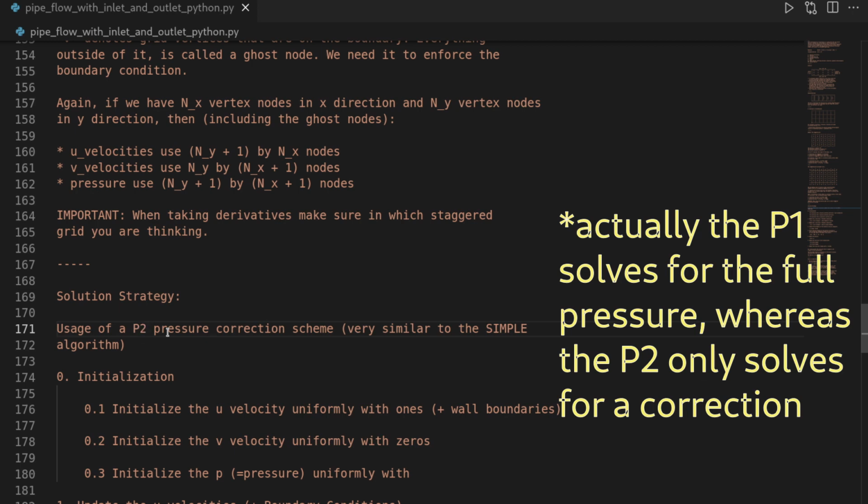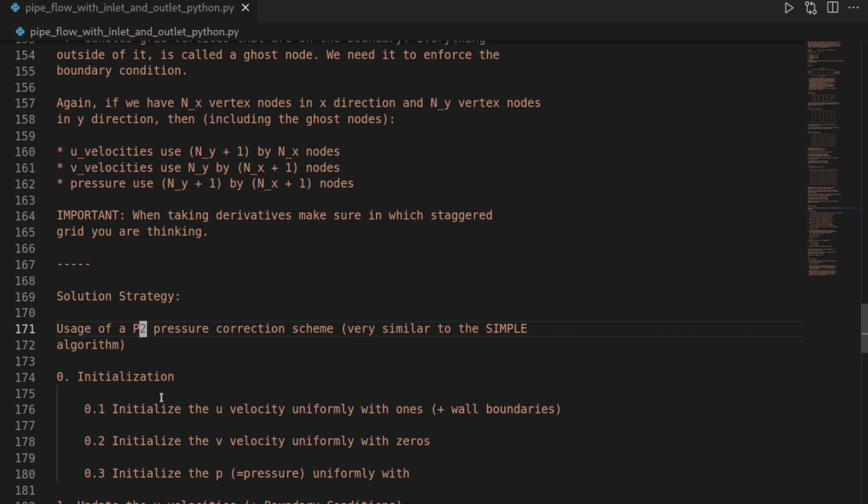However, the P2 pressure scheme includes the pressure gradient in the momentum equation and still solves for a correction in the very end, which is quite similar to what the SIMPLE algorithm is doing. And in our particular case, the P2 scheme is advantageous because we have a strongly pressure-driven flow where we need the pressure gradient in the momentum equation.